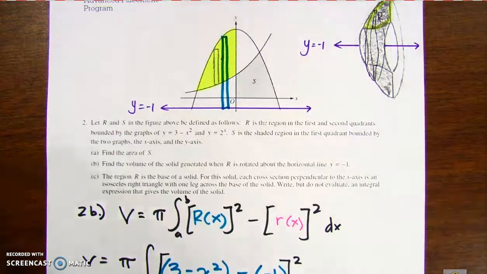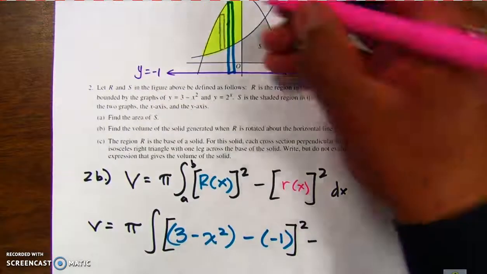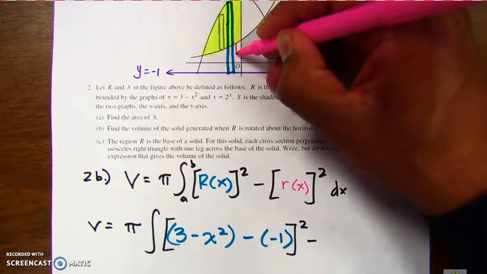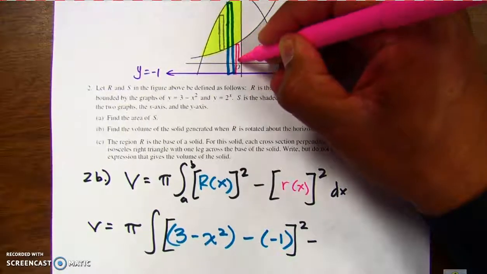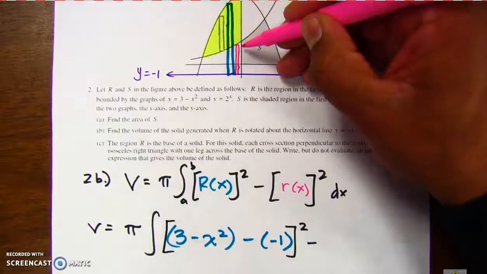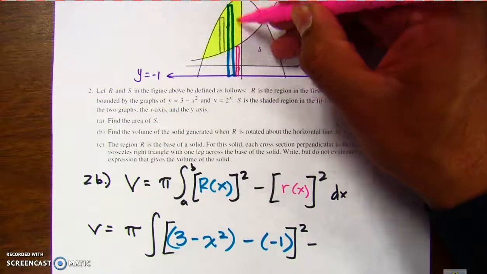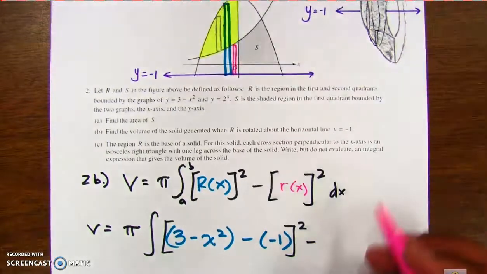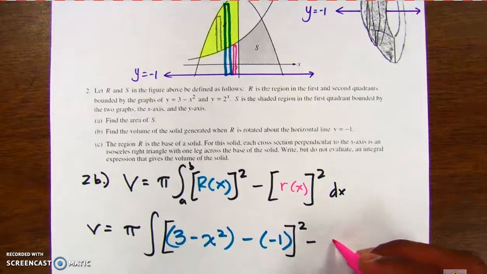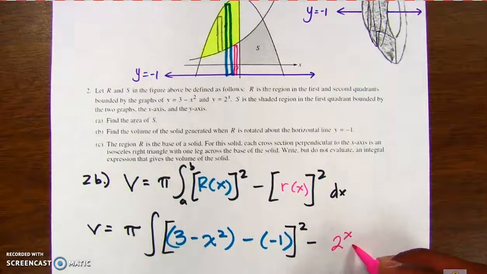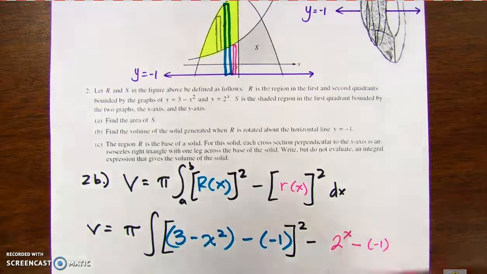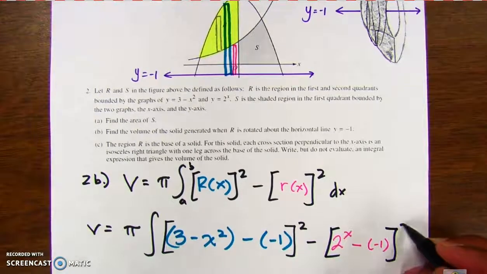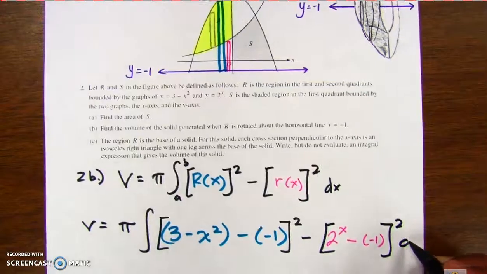minus, and then the lower function, the little r, is going to be the lowest function from this shaded region R, and that happens to be 2 to the x minus -1, squared dx.